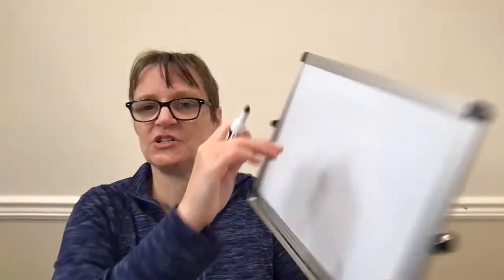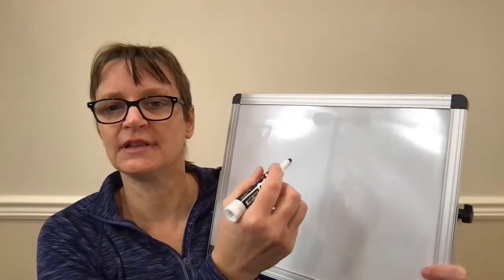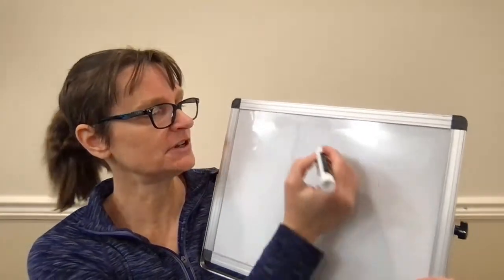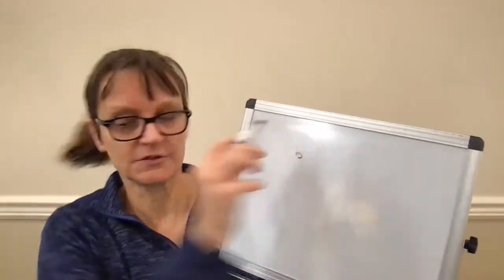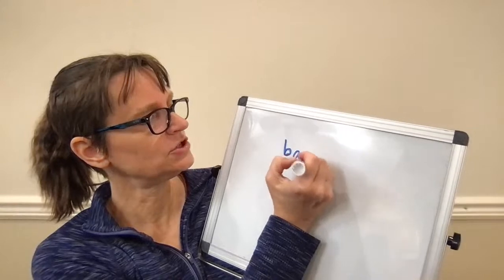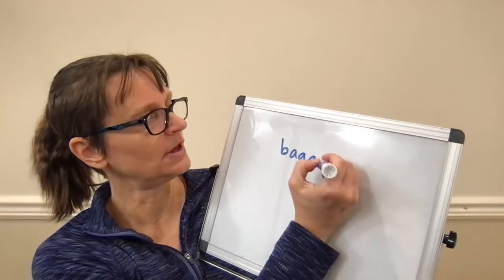Okay, we have a request for pronunciation of words ending in the suffix "age," like baggage, language, luggage. I do have a video for language, that particular word. So let's look at baggage or luggage.